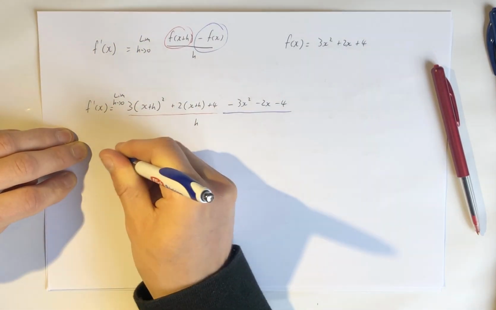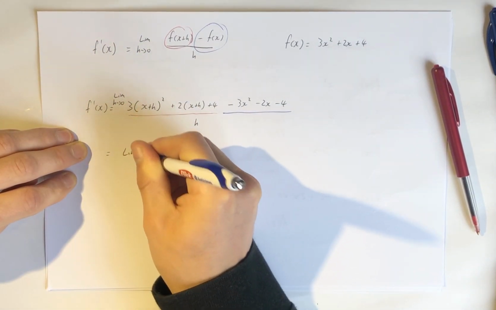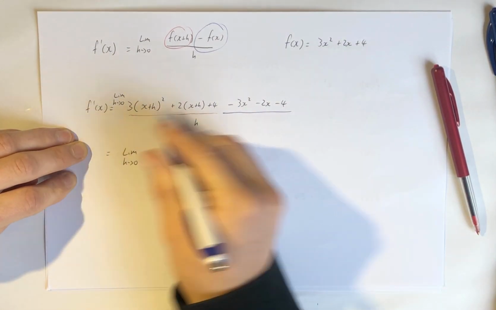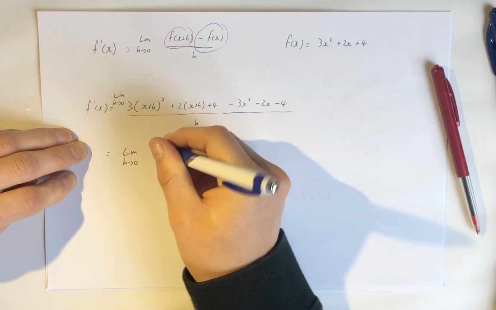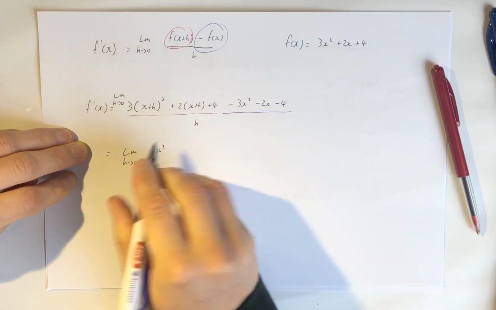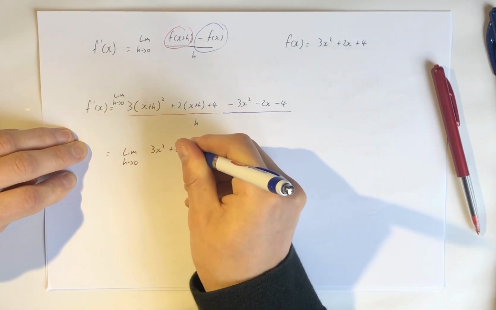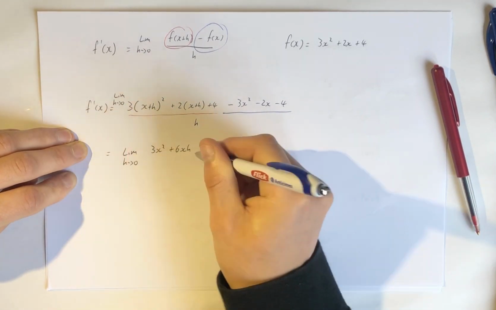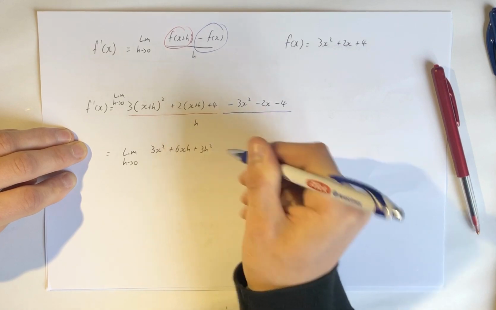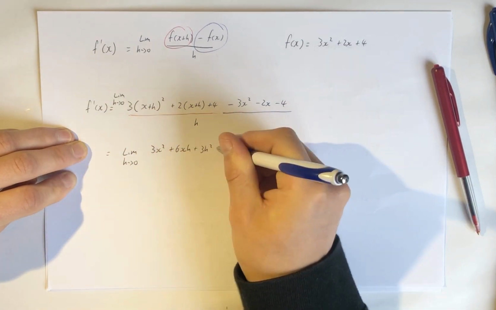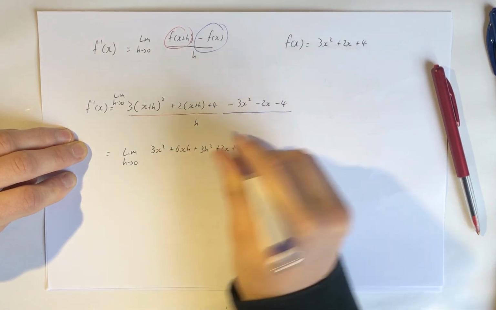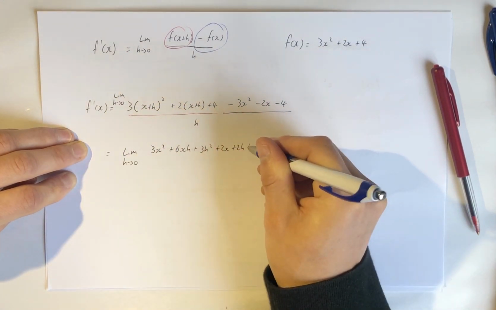That's important. So this is going to be equal to the limit as h goes to 0. And now I'm going to expand this whole thing. So that's 3x squared plus 6xh plus 3h squared plus 2x plus 2h plus 4.